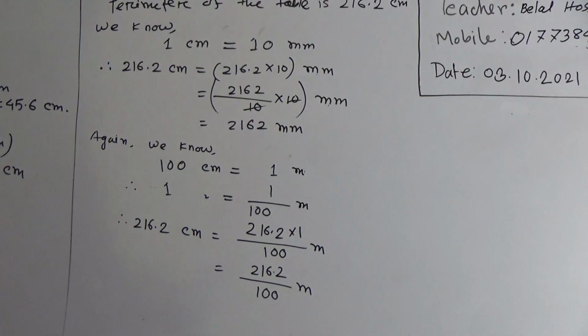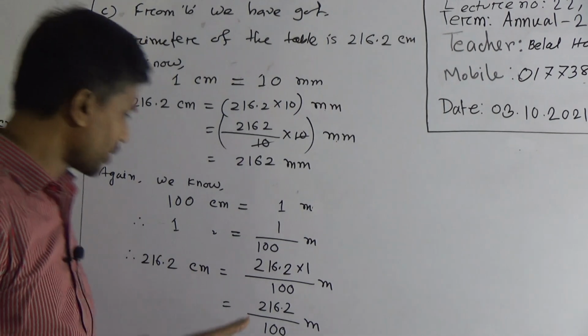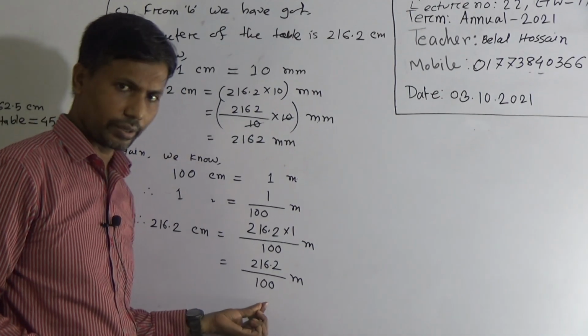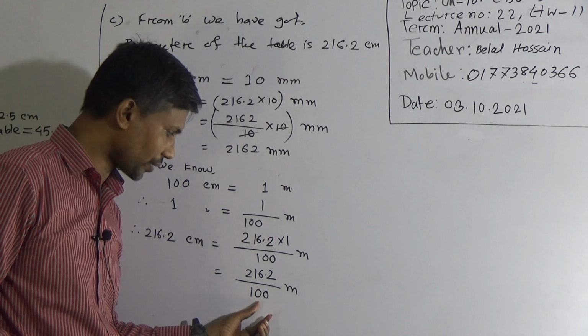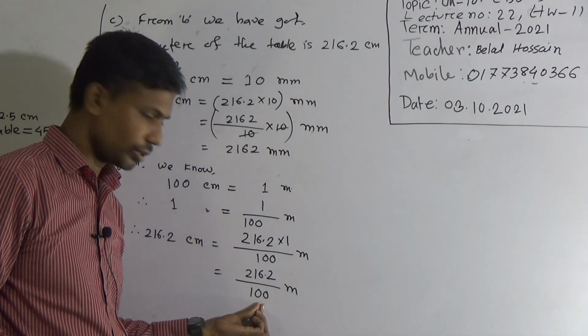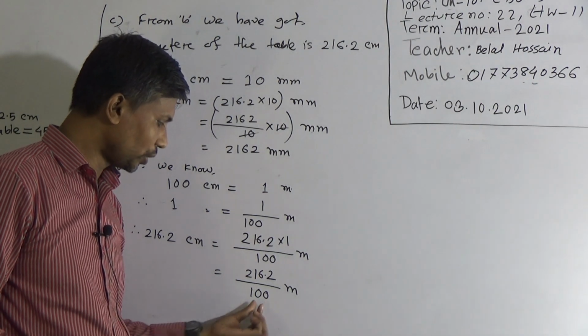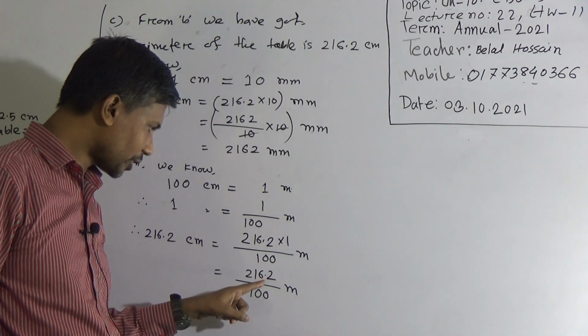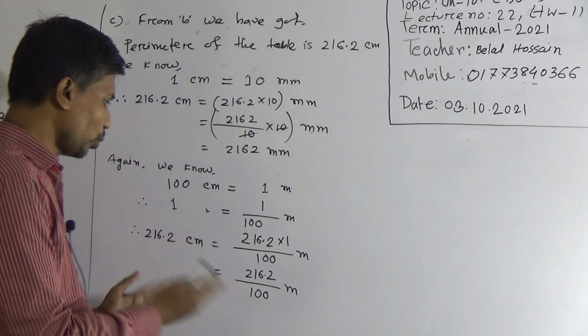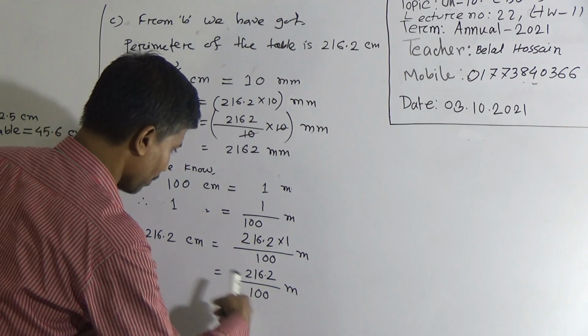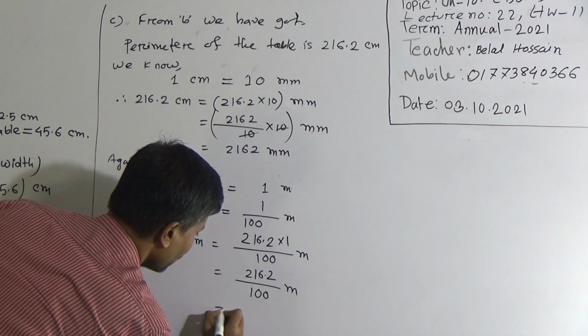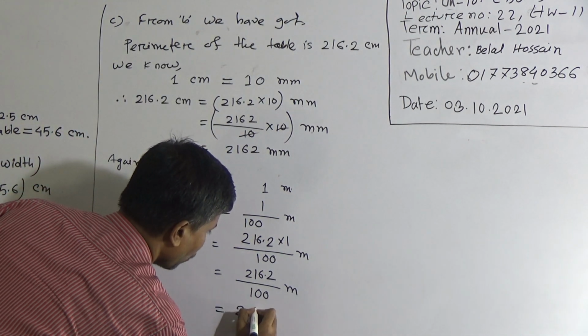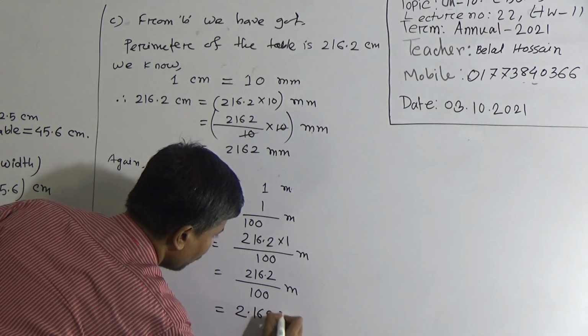Student, look here. 216.2 by 100. Okay, you see how many zeros here? 2 zeros. So this point will be shifted 2 digits from right to left. Okay, that means 2.162 meter.